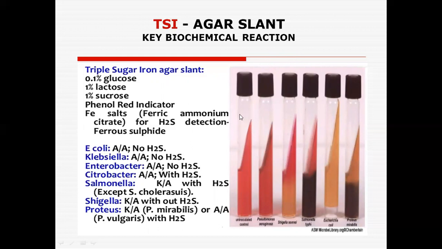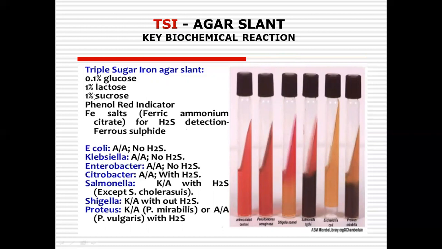Now, the triple sugar iron contains three sugars: glucose, lactose, and sucrose. It also has phenol red as an indicator, and it has ferrous sulfate, the ferrous salt, which is used for detection of hydrogen sulfide. It gives you the black color of the organism. If you look at the composition, the glucose is just 0.1%, whereas the lactose and sucrose are about 1%.